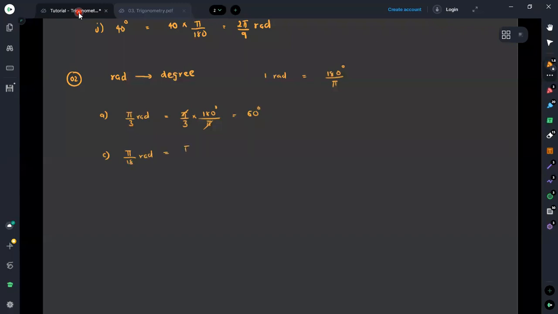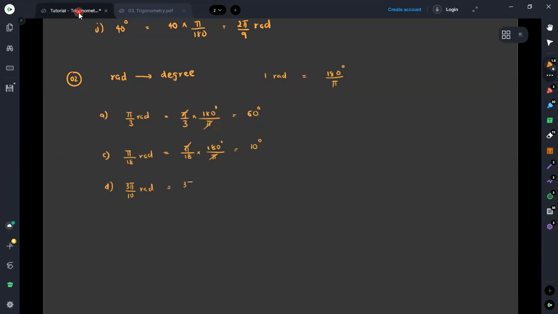Then we have to multiply 5π divided by 18 by 180 degrees divided by π. With the cancellation of the terms, we'll get the value as 10 degrees. Then we'll take part D, it is 3π divided by 10 radians.